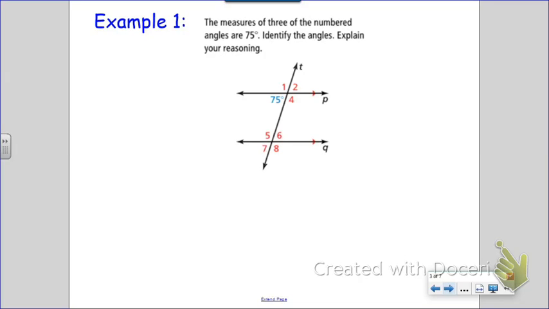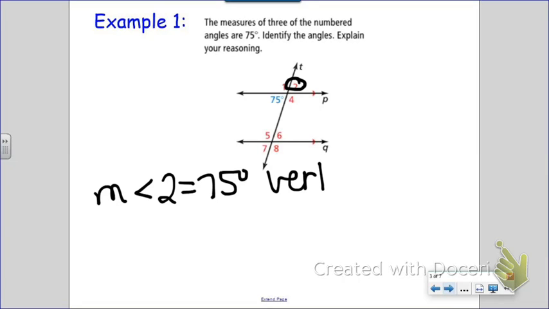Let's look at a few examples. The measures of 3 of the numbered angles are 75 degrees. Identify the angle and explain how we know. So that would be angle 2, those are vertical angles, congruent.